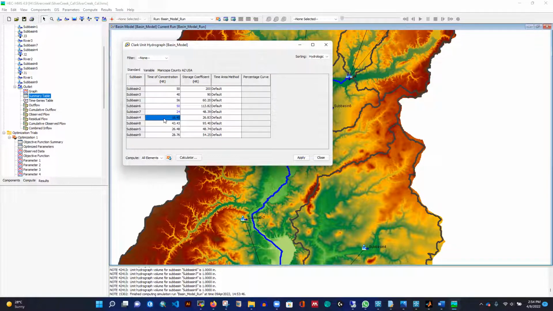Then I can use 14.5, and for 8 I can use even 30. This is a little bit bigger, and instead of 26 I can even use 20. That's okay. Instead of 20, this is 9. For 9 I can keep it as it is because I didn't change that much.